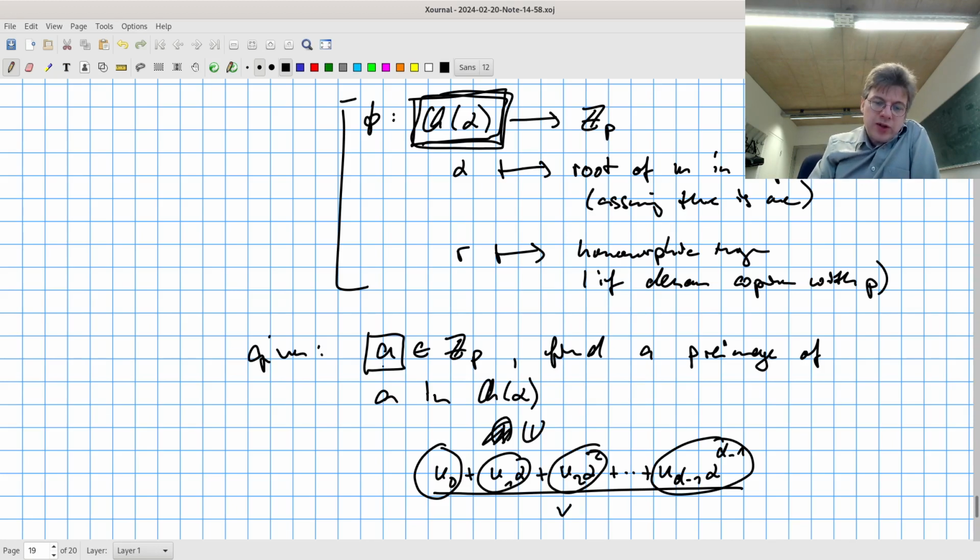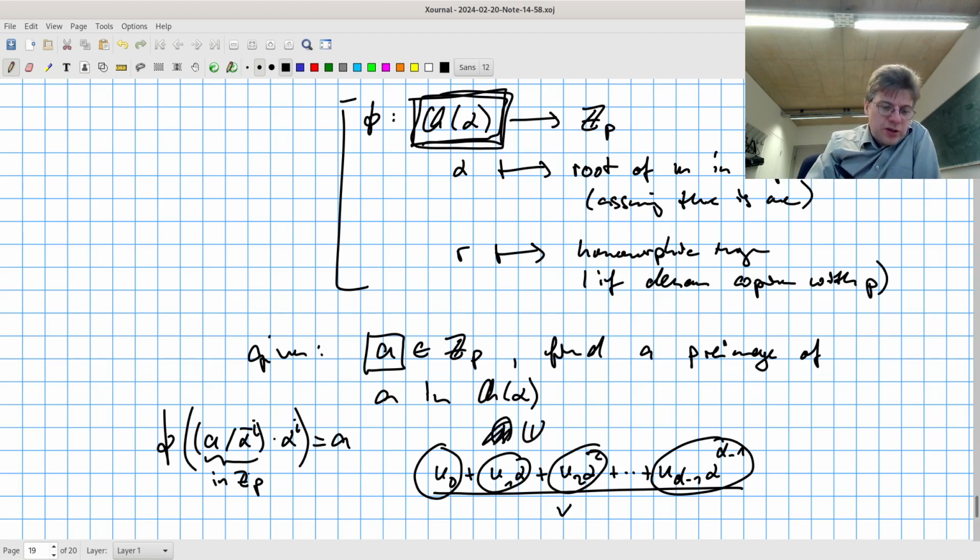I could also say take A over alpha times alpha, so maybe alpha bar here, compute this in set P, and this times alpha, then phi of this would also be A. And actually this works also for powers of alpha.